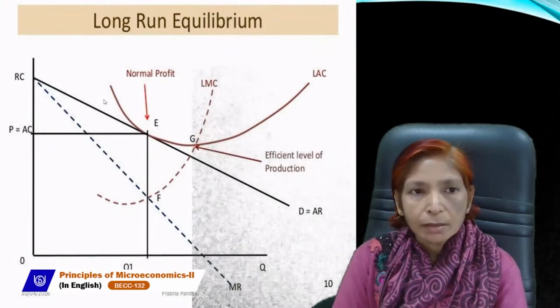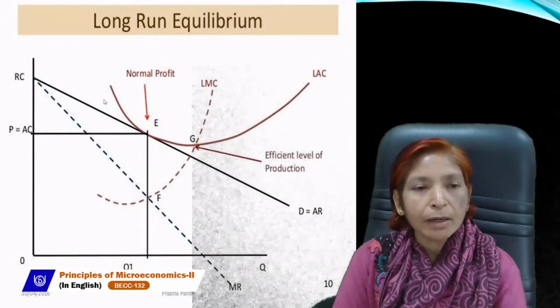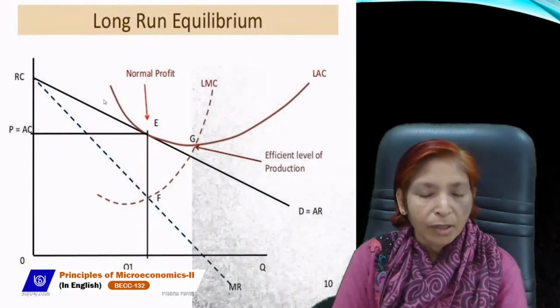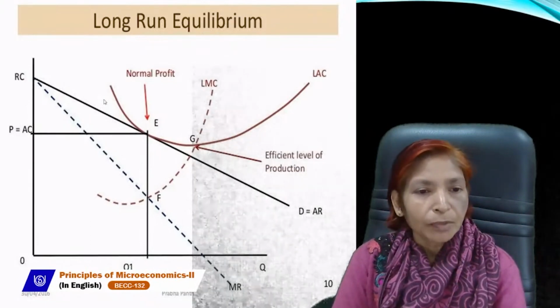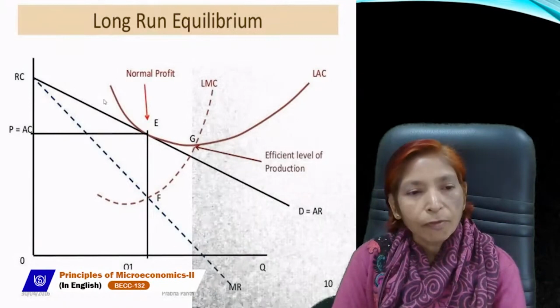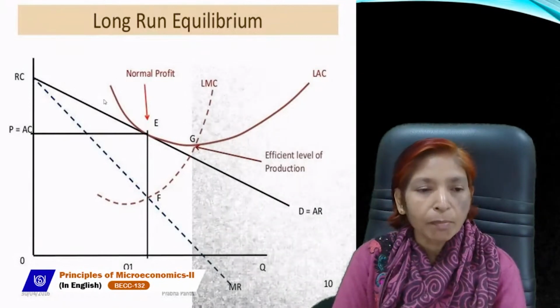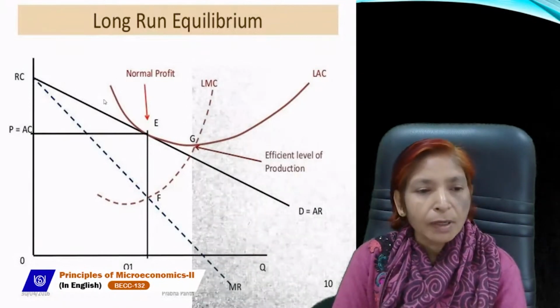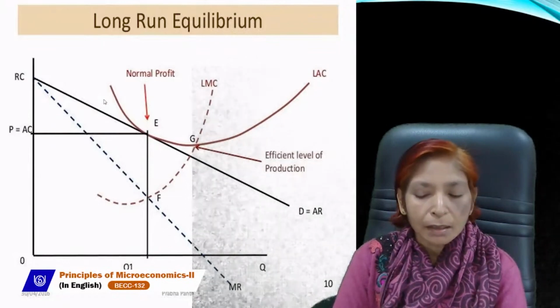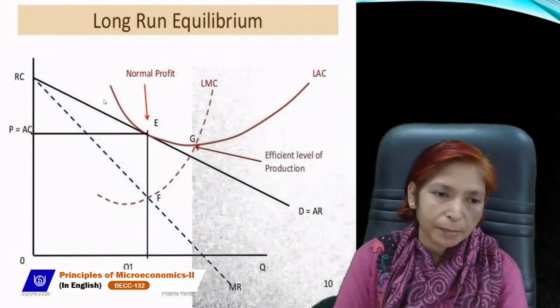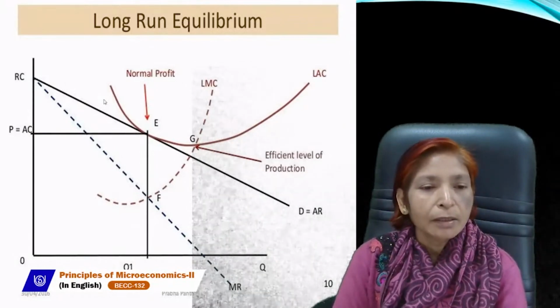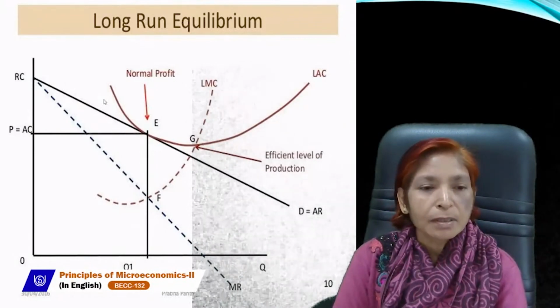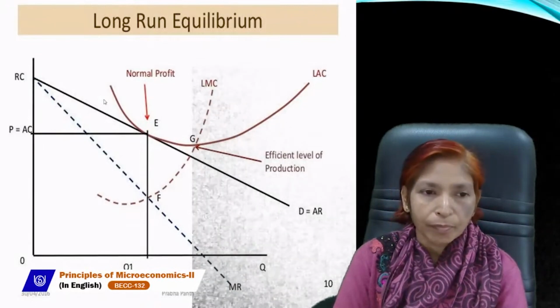Now, in the long run, there is freedom of entry and exit, which is the main important feature of this market. Due to this feature, a firm can enter the market when other firms are earning abnormal profit, and firms may exit the market when some firms bear losses.